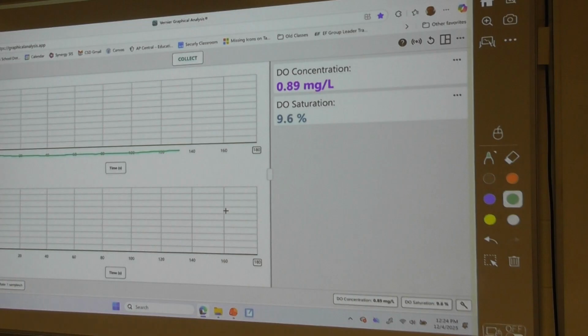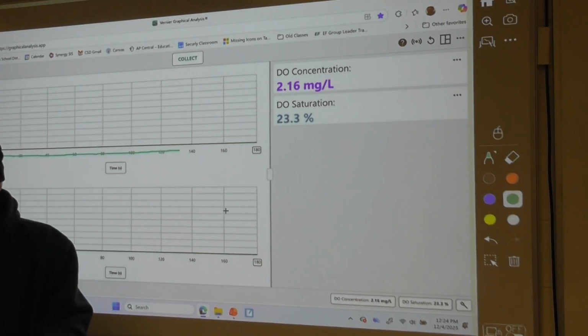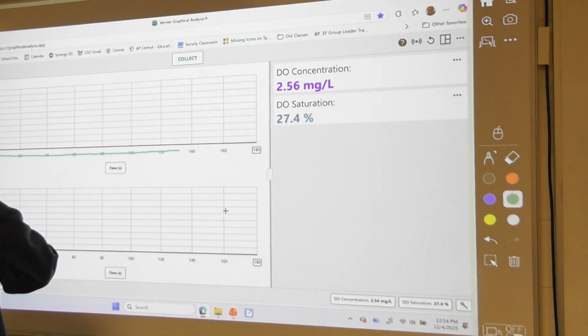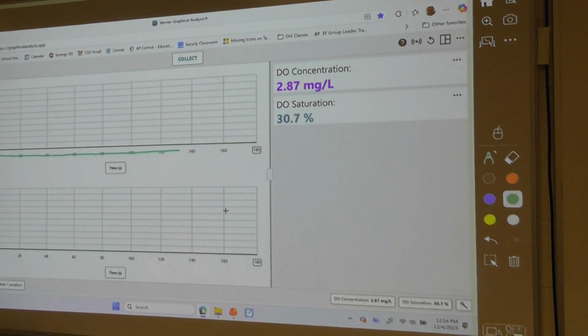Okay, and then pop it in some just tap water. And when I poured this tap water in, it splashed and a bunch of air came in. So this tap water is probably higher in dissolved oxygen than it was when it was in the faucet.